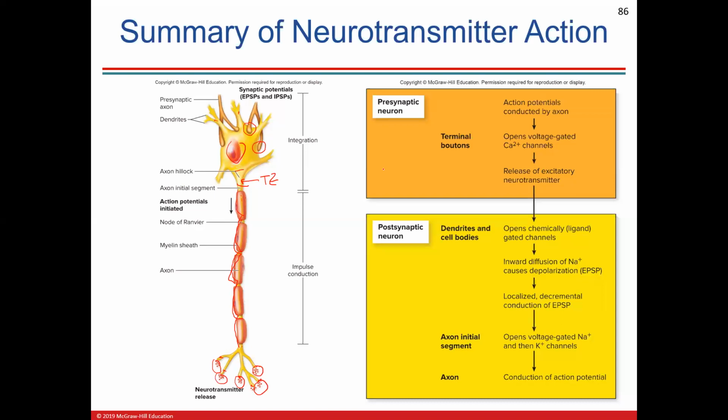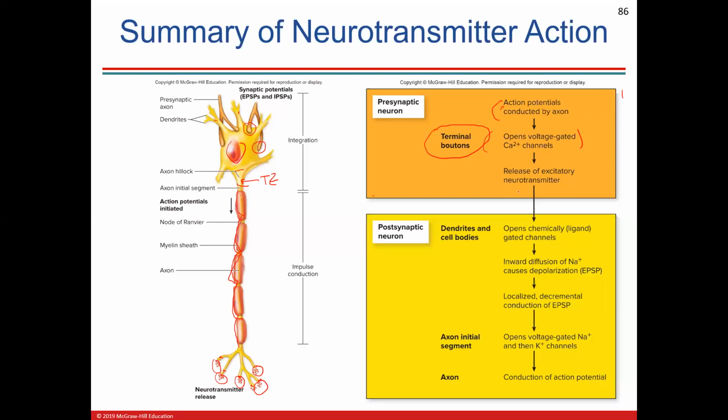The postsynaptic neuron. So the presynaptic neuron, and this is a case of excitatory conduction, you have an action potential, calcium channels open in the terminal, or the axon terminals, also known as boutons.